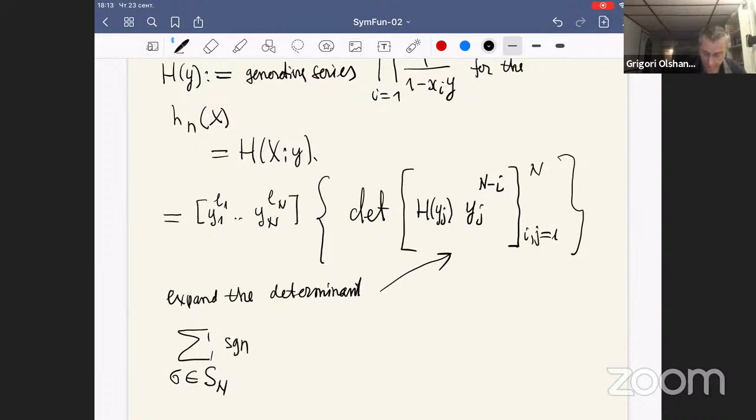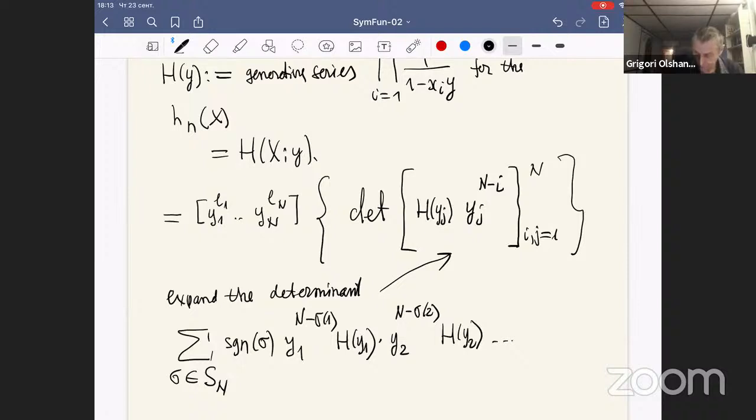We put here the sign of our permutations and multiply it by this, times this, and so on up to number n, and multiplied by this.